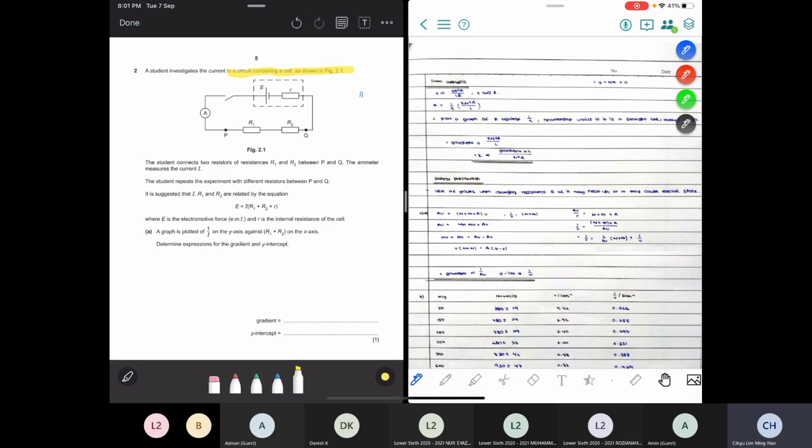So you have the internal resistor, the resistor R1 and resistor R2, and you are also given an EMF.